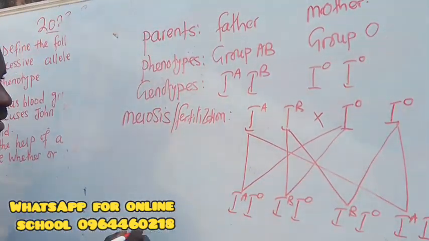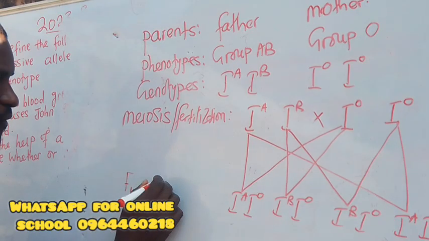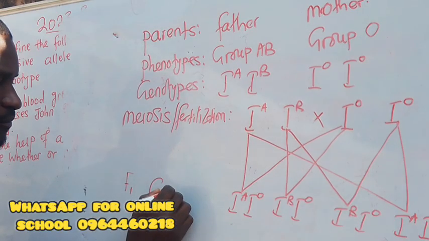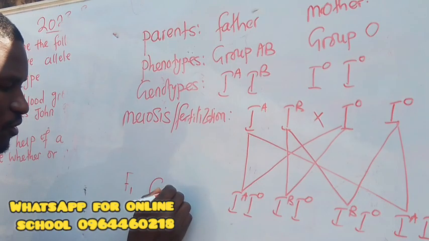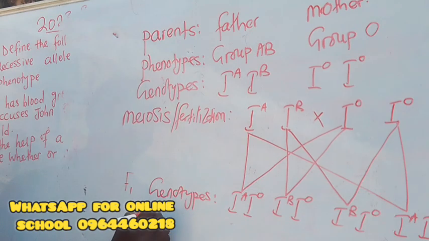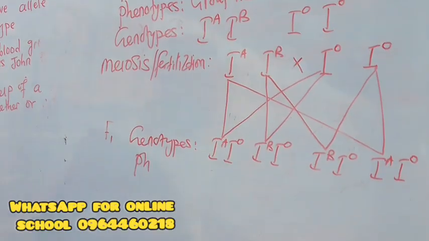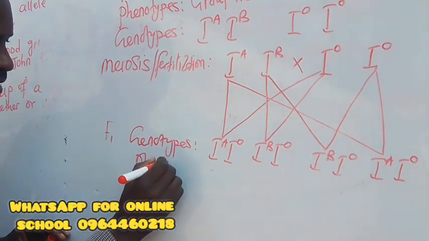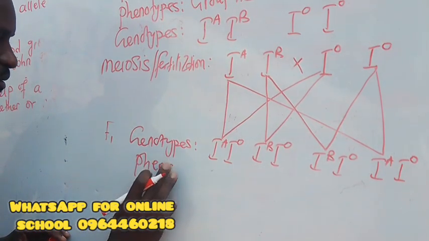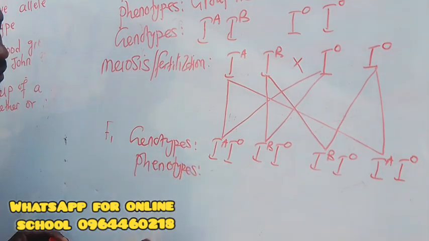Now this is what we call F1, so F1 genotype. And then we can have the phenotype and genotypes.